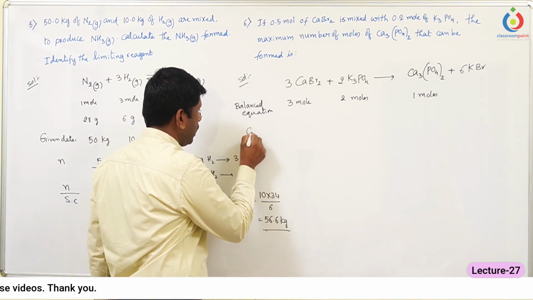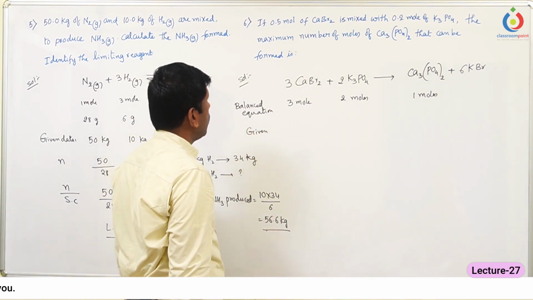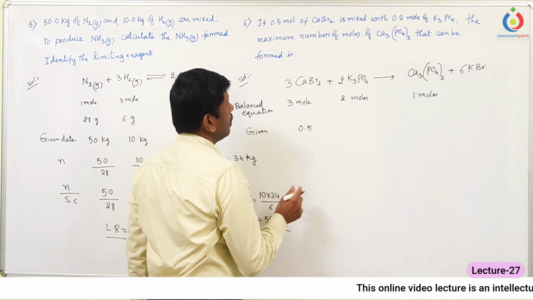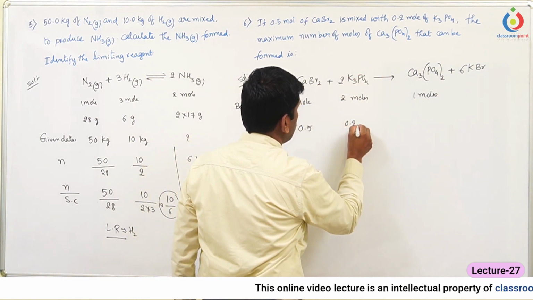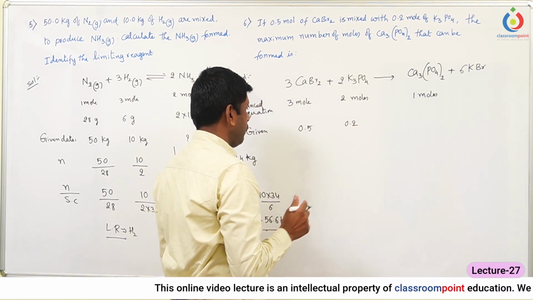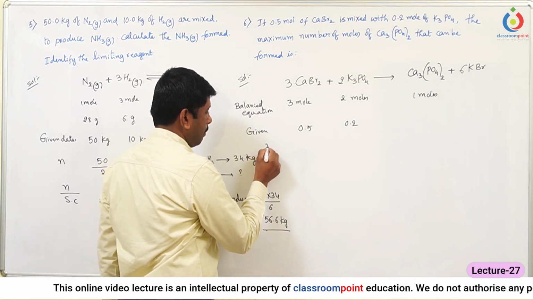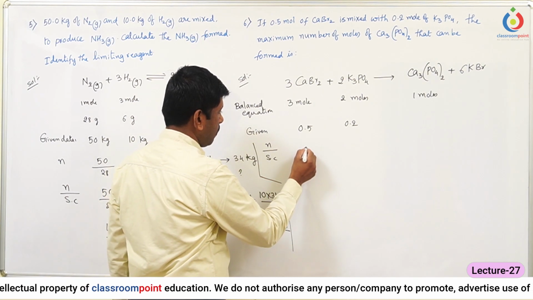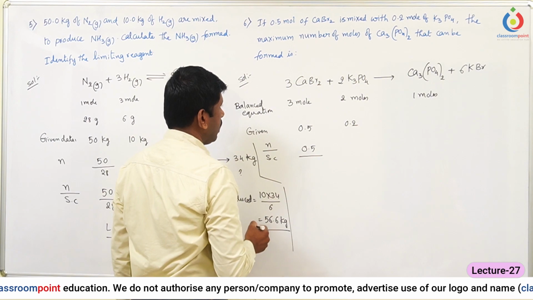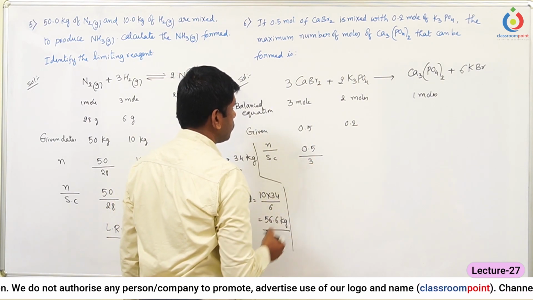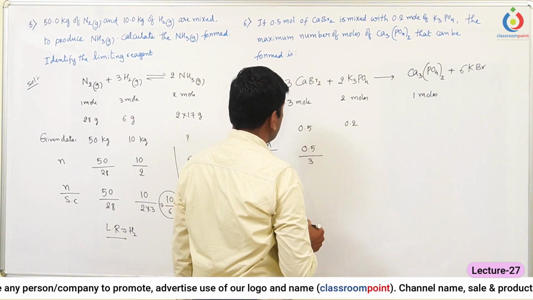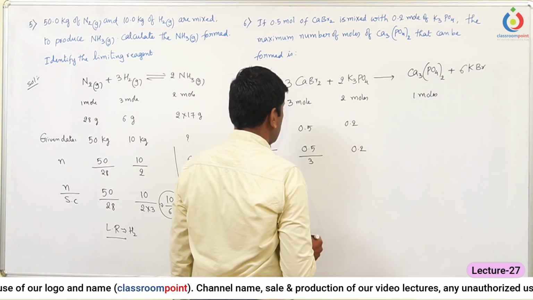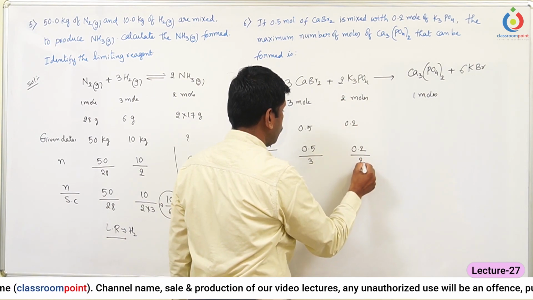But what is the given data here? 0.5 moles of calcium bromide and 0.2 moles of potassium phosphate are given. Then divide the number of moles by the stoichiometric coefficient. 0.5 divided by the stoichiometric coefficient 3 here, and here 0.2 given moles, and the stoichiometric coefficient is 2.